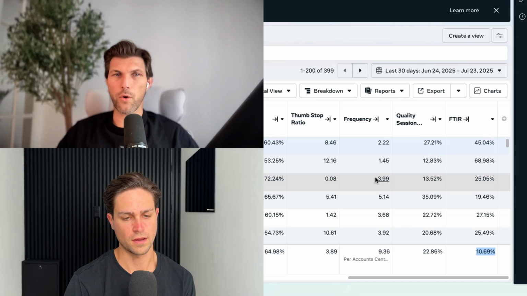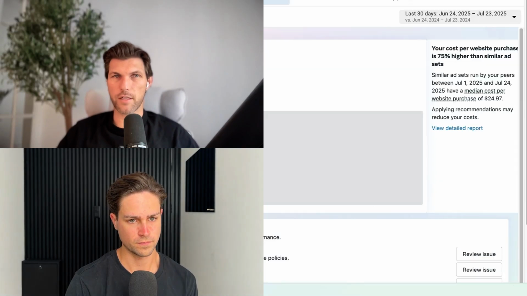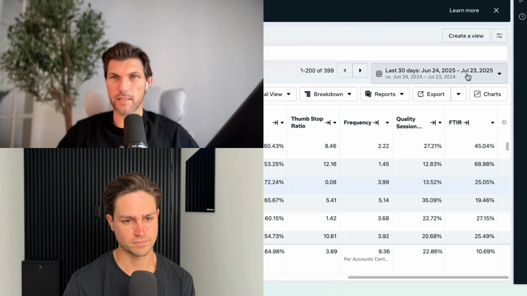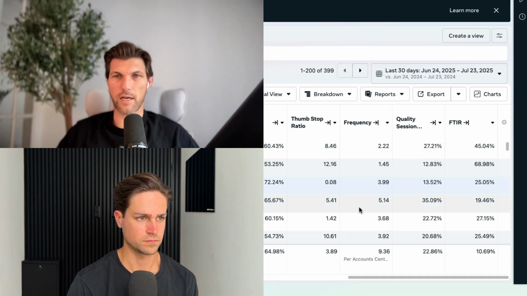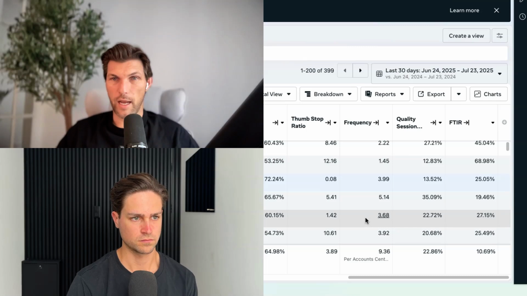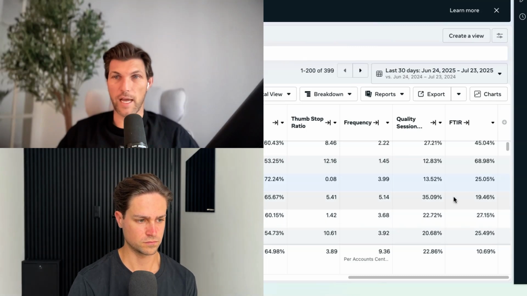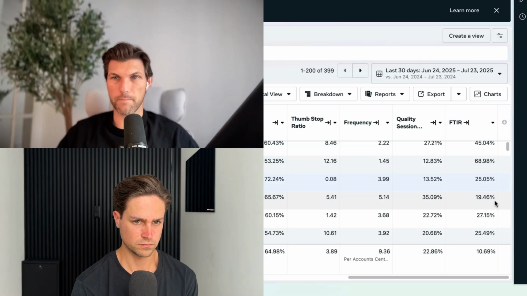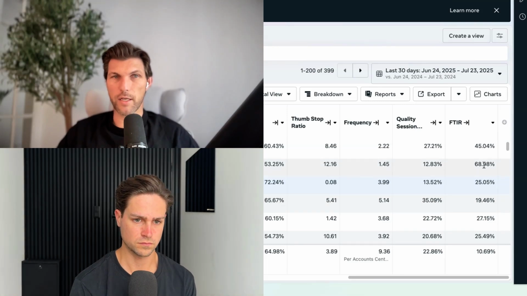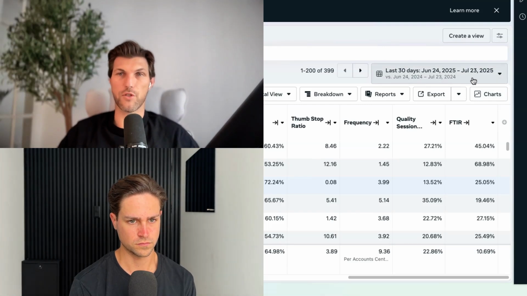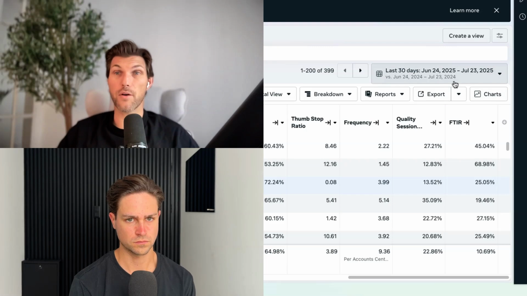The other thing, it will correlate with frequency, and so you'll notice on some of these ads, over 30 days, there's a high frequency on here, and those higher frequency ads have a lower first time impression rate. The longer that you zoom out, the lower this goes.